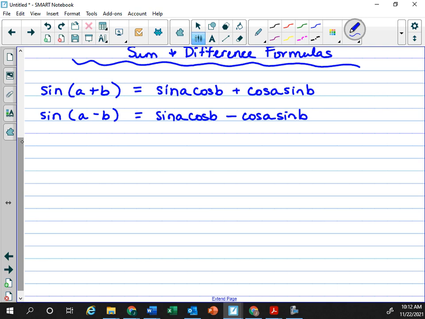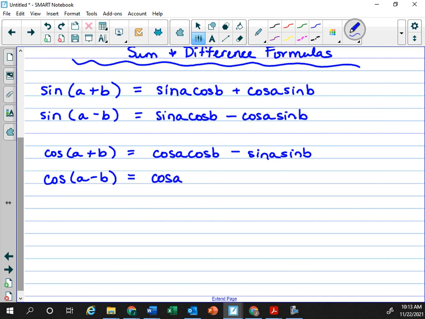All right, then we've got cosine. If it's cosine of A plus B, that is cosine of A, cosine of B, minus sine of A, sine of B. Cosine of A minus B, it's the same thing, but with the opposite sign.